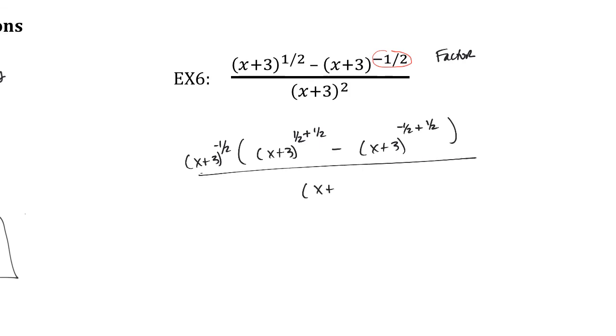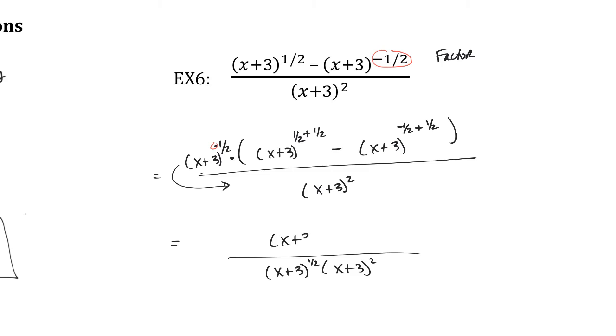And my denominator I haven't touched yet. So let's see what happens. This is negative, it's multiplication, so that does just get to come down. So my next step is that x plus 3 to the 1/2 comes down and is positive in the denominator. And then let's see what we've got here. We've got x plus 3 to the 1/2 plus 1/2, that's just 1, and then minus x plus 3, negative 1/2 plus 1/2 is 0.